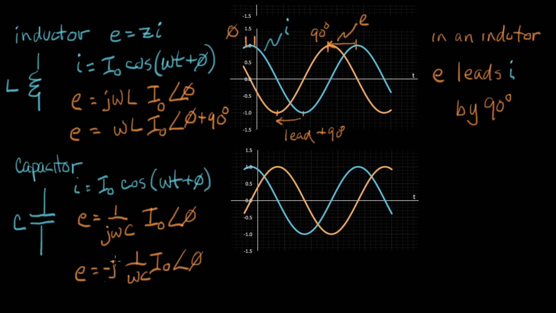Now we're multiplying something by minus j, and multiplying by minus j corresponds to a rotation of minus 90 degrees. So I can write E one more time like this. E equals 1 over omega C. There's the scale factor. Here's the original current magnitude, and I get the angle of phi, this time minus 90 degrees. So this minus sign here corresponds to a lag, a phase lag.